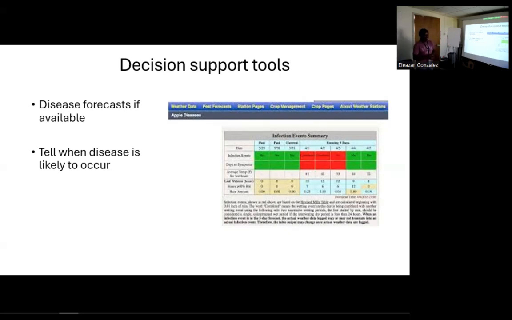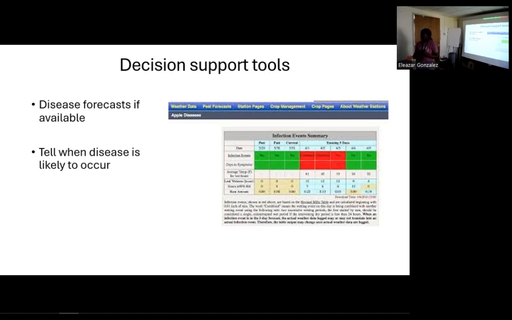And then, for the commercial growers, they will also rely on decision support tools. These are models that have been developed to predict the occurrence of a disease. There are people who specialize in studying weather events.